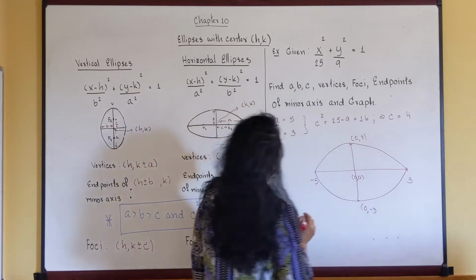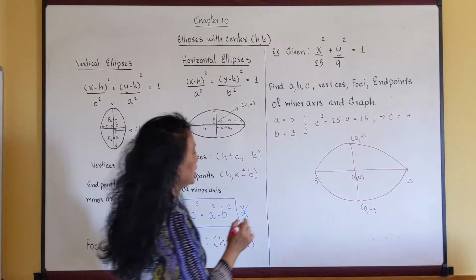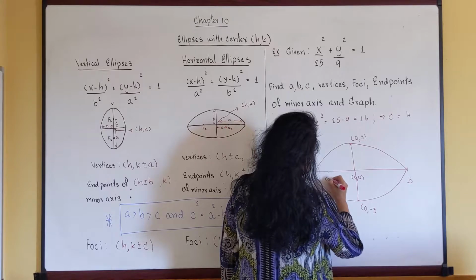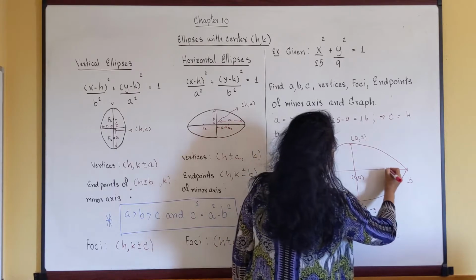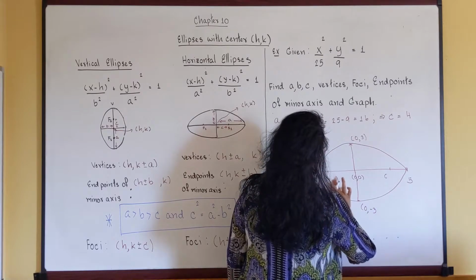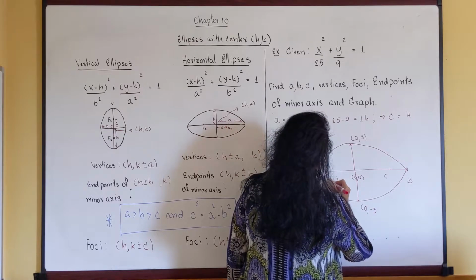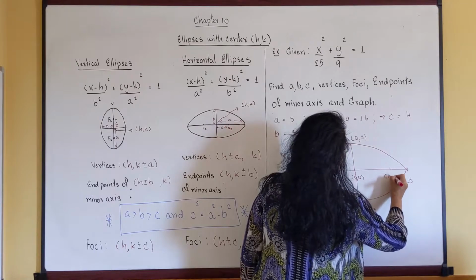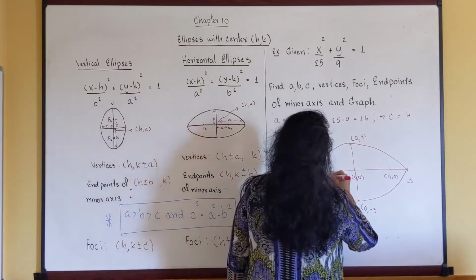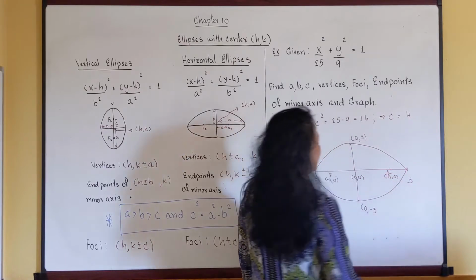And the foci should be C. So C should be negative 4, 0 and 4, 0, because it's on the longest side. So these are your foci, two of them.